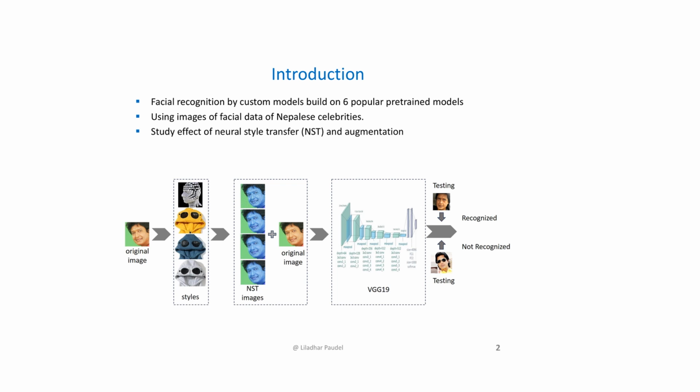After that, I bunched them together with the original images, and this package of images is the training data for modeling. When they are fed to the models, the models are trained with those images and the trained model is obtained. When the trained model is obtained, I test it with the testing images, which were not exposed to the model before, and see how the models recognize those images.